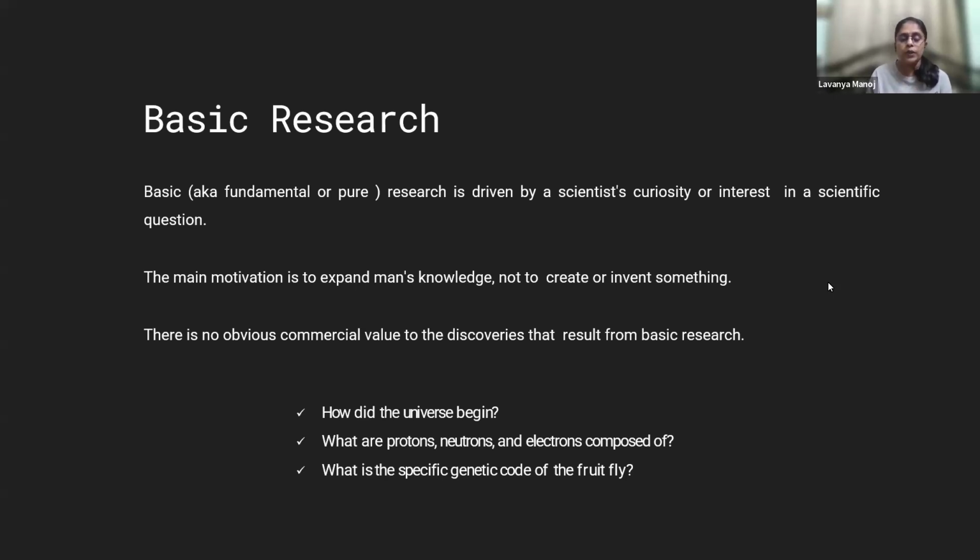There is no obvious commercial value to the discoveries that result from basic research. No commercial value. If we come to know what happened after 5 seconds of the Big Bang, what is the great commercial value in that? Nothing. Are the industries going to make any money out of it? No. Is our economy going to grow?